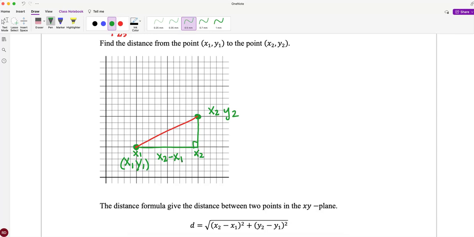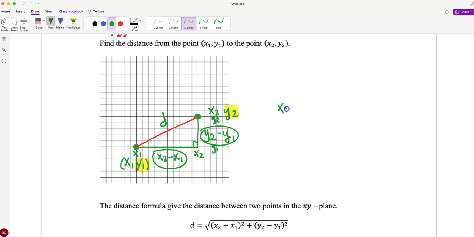Now if you look at the vertical side, it starts at y1 and it ends at y2. So it goes from y1 to y2, so that distance is y2 minus y1. So I'm looking at a right triangle. I know this leg, I know this leg, but I don't know this one. But I know the Pythagorean theorem.